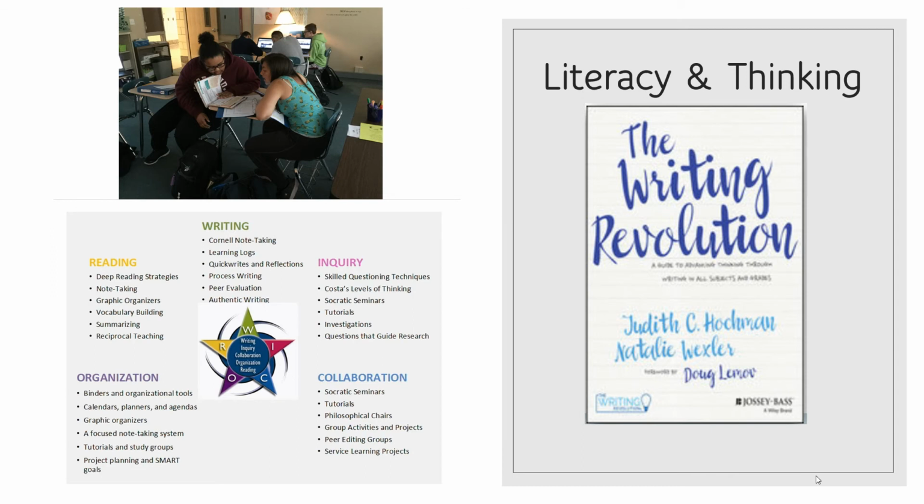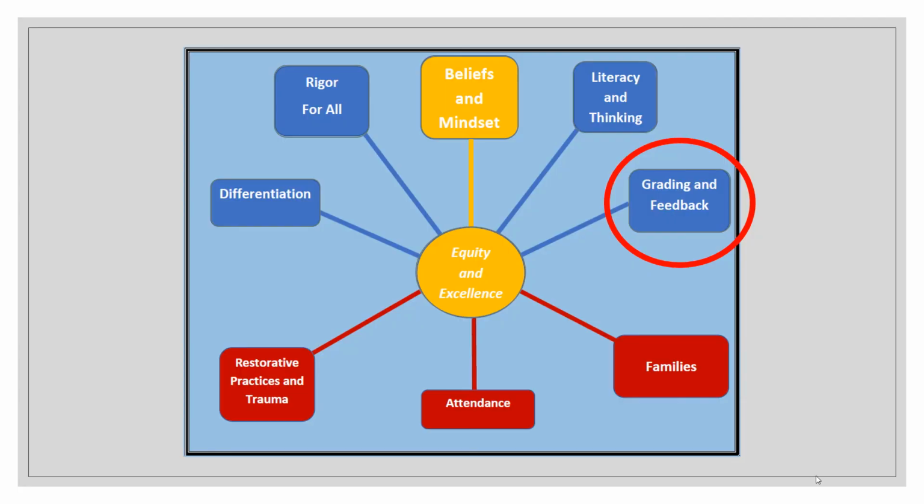We're also an AVID district, which is a college preparatory program. As you can see in the WICOR strategies, writing, reading, and organization are big parts of getting kids to that critical thinking and communicating level to be successful in those rigorous courses.